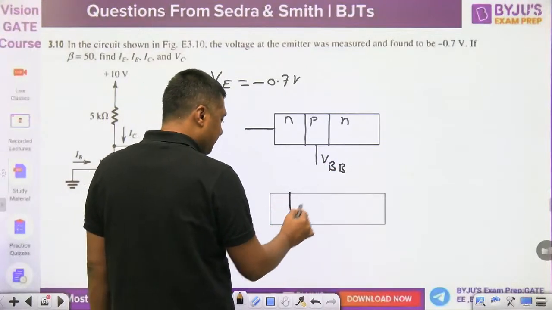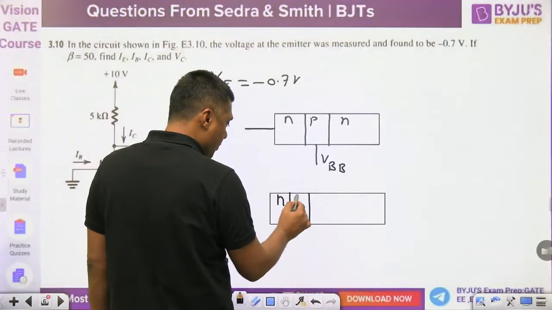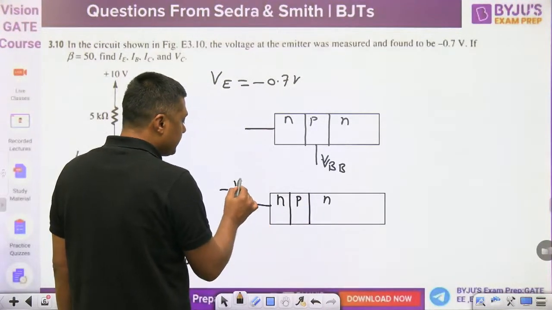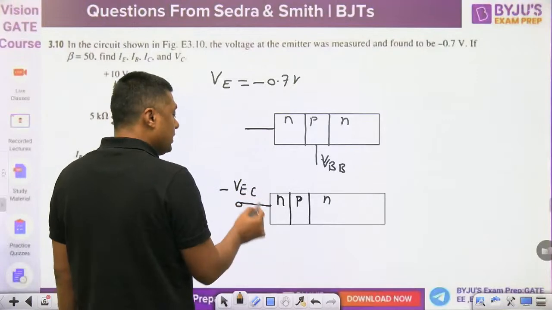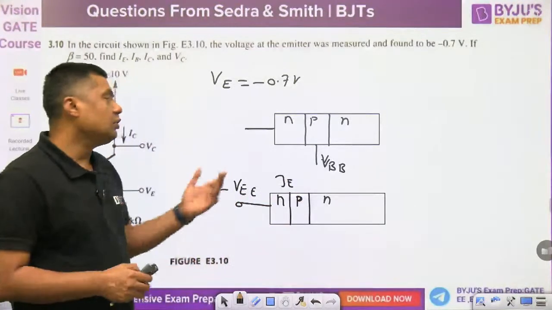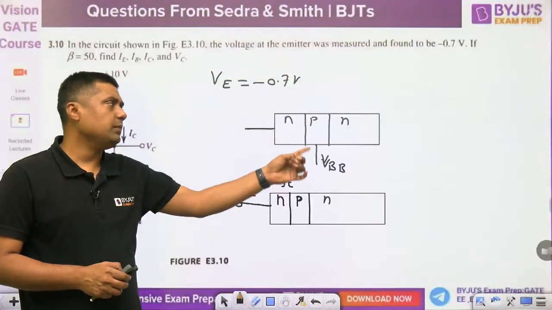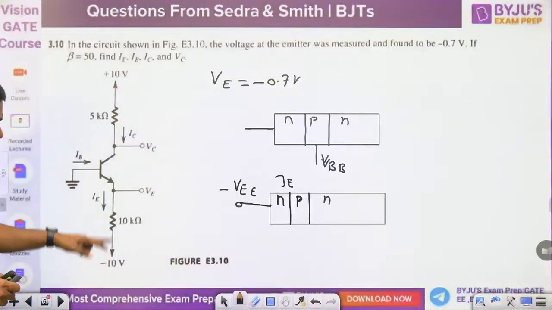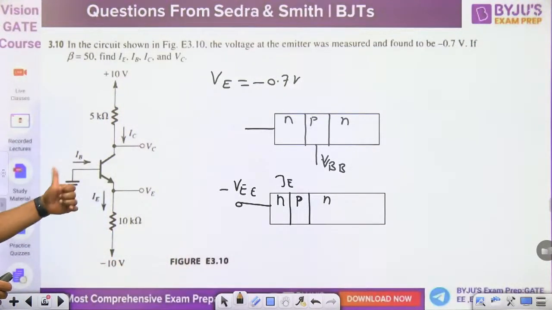Second: negative voltage to the emitter. Again it is forward biased, because we have to make this junction forward biased. So there are two options: make VBB, that is the base positive, or the emitter negative. Here the emitter is negative. Now it will provide sufficient voltage so that this junction is forward biased.